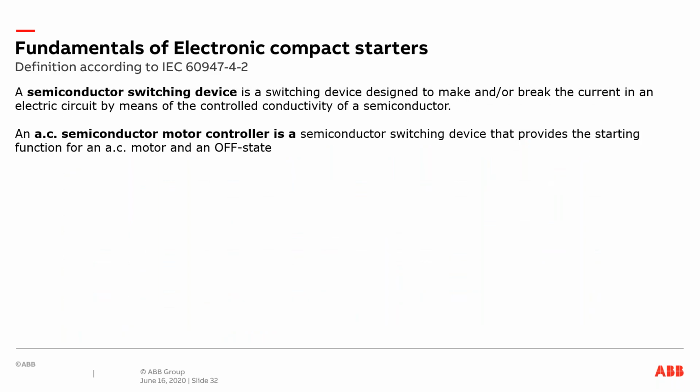Now, semiconductor switching. I'm just covering this because we have electronic compact starters, and they have a particular definition in IEC 60947-4-2. A semiconductor switching device is a switching device designed to make or break the current in an electric circuit by means of a controlled conductivity of a semiconductor.